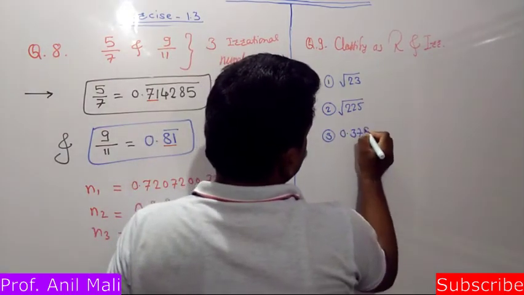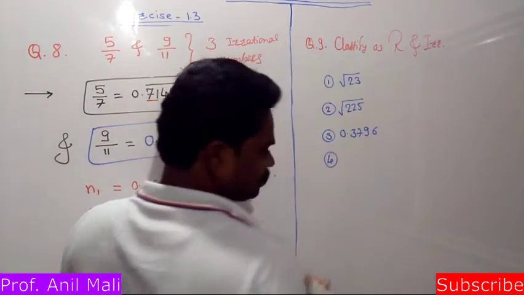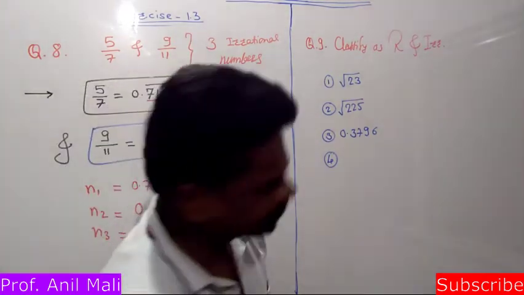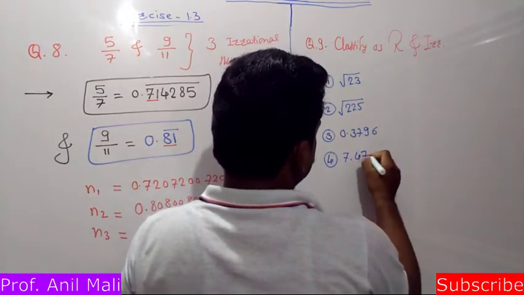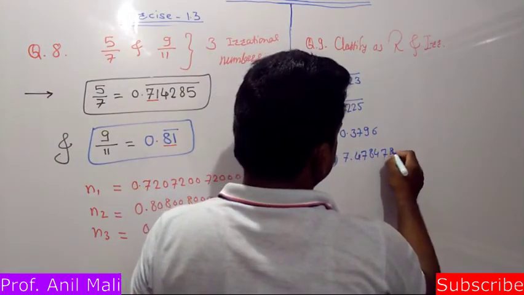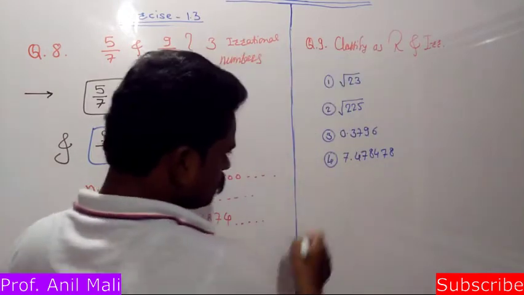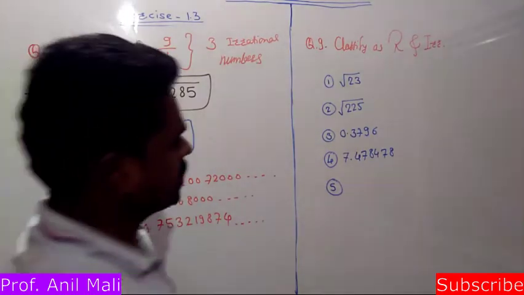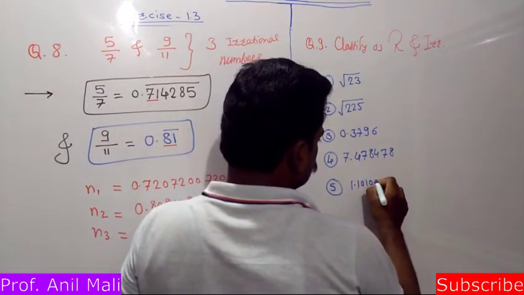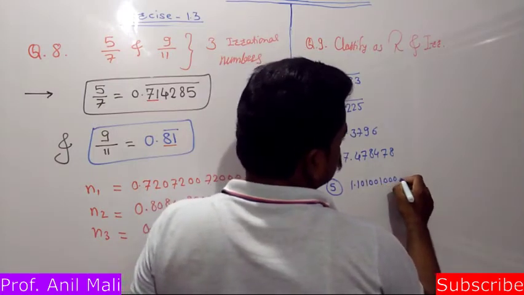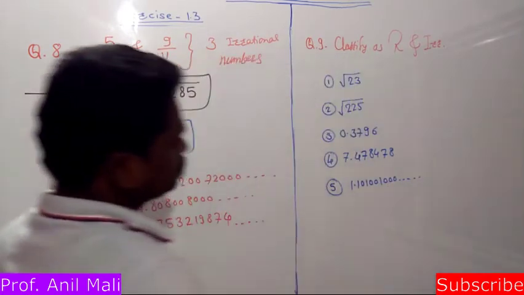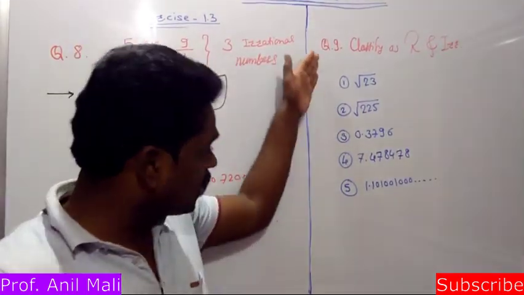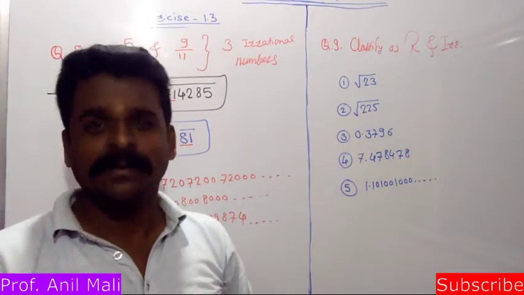Number 4, it's 7.478478. Number 5, it is like this: 1.10100100 and so on. So we are going to decide which of them are rational and which are irrational.